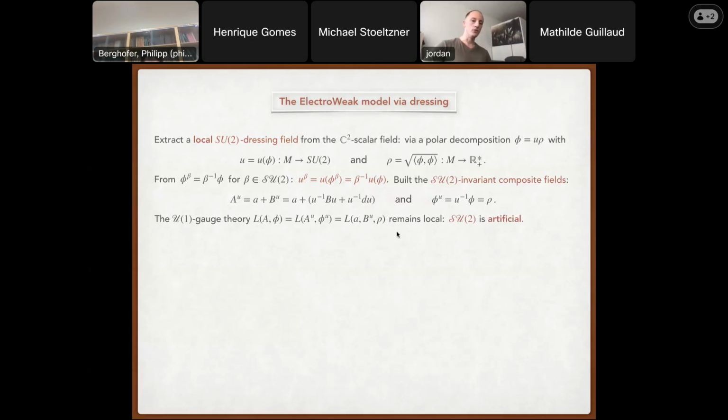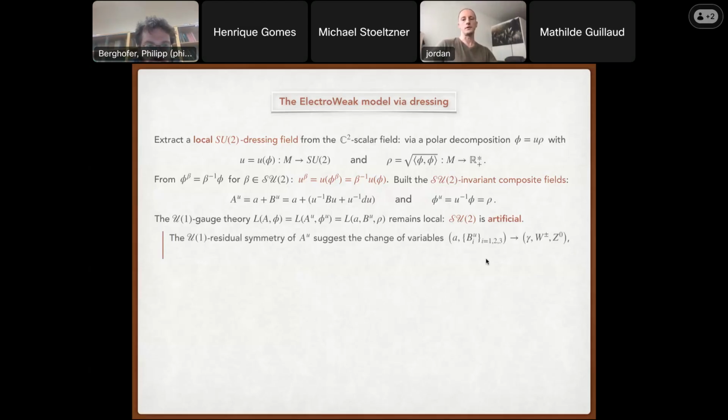And now, if you look at the residual U1 symmetry, a very simple analysis of that residual symmetry suggests very strongly to change variables still, right?